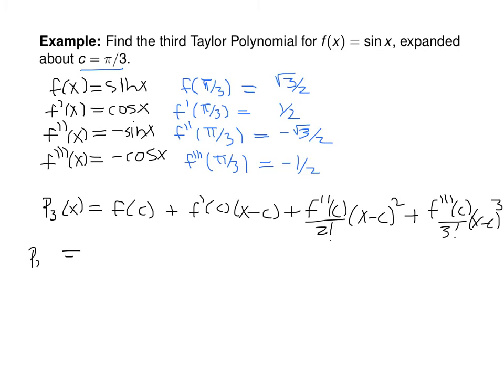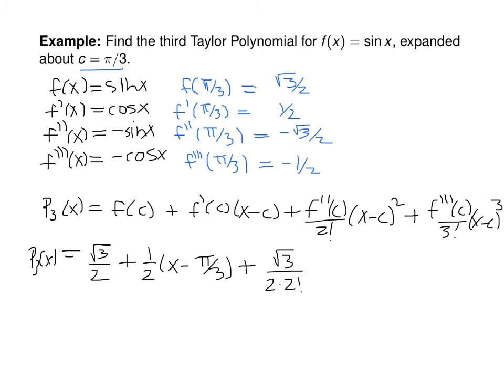Thus, p3 of x will equal, so f of pi thirds is root 3 over 2 plus 1/2 multiplied by x minus pi thirds minus root 3 over 2 times 2 factorial, and actually that should be a minus because I was plugging in negative root 3 over 2.